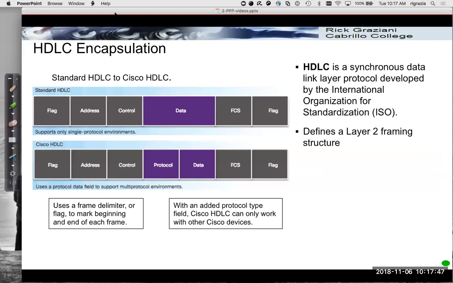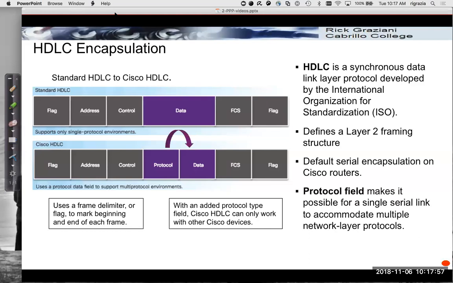So you can see a little difference between the standard HDLC format and the Cisco HDLC format. Cisco's difference is it includes a protocol field, which indicates what type of data is being carried over the HDLC frame.